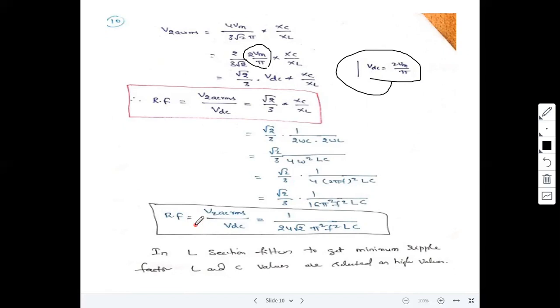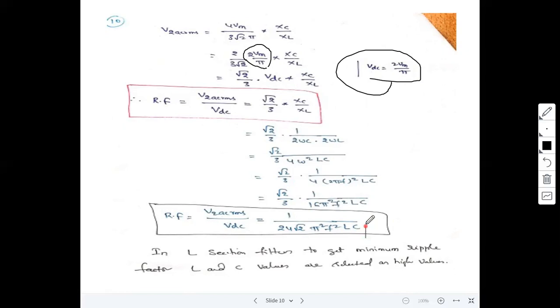Finally, ripple factor is equal to V2 AC RMS by VDC, which is 1 by 24 root 2 pi square F square LC. All are denominator factors only, right?